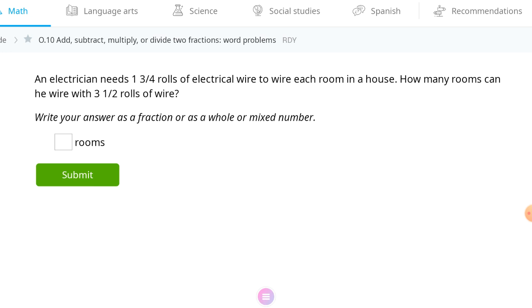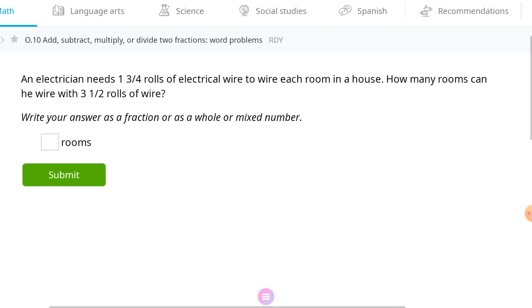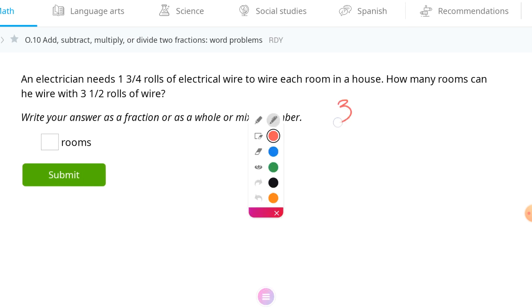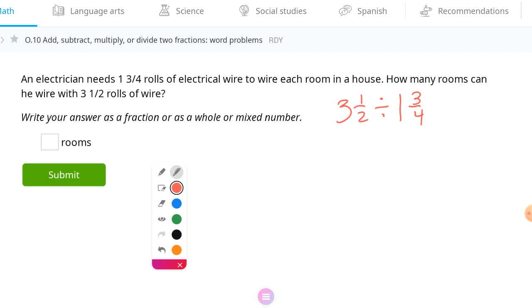So we have a total of 3 1/2 rolls of wire. We're splitting it into pieces that are 1 3/4. So we have 3 1/2 divided by 1 3/4.